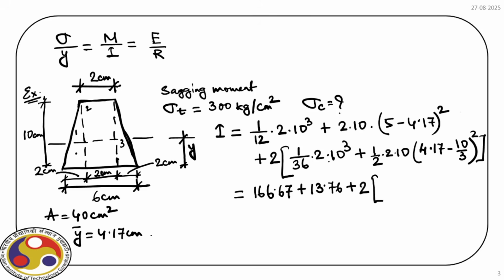So we have 2000 divided by 36, and that is 55.56, plus 4.17 minus 3.33 squared times 10, so it is 7.06.